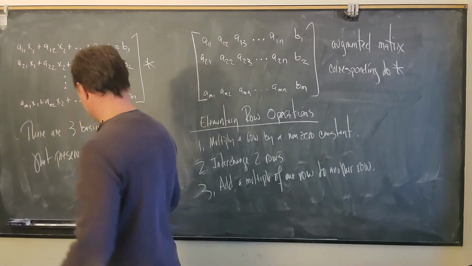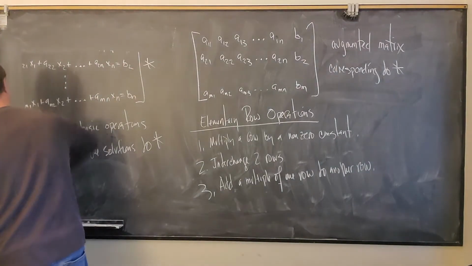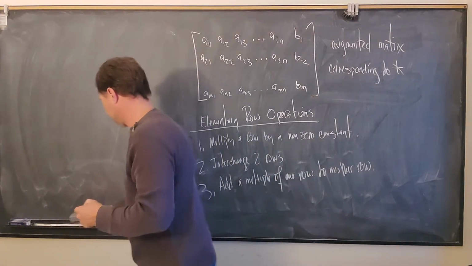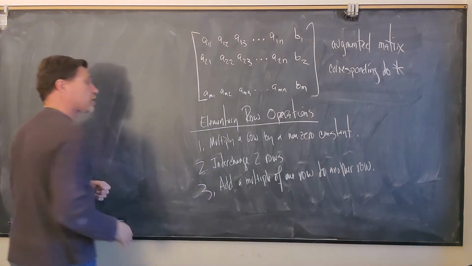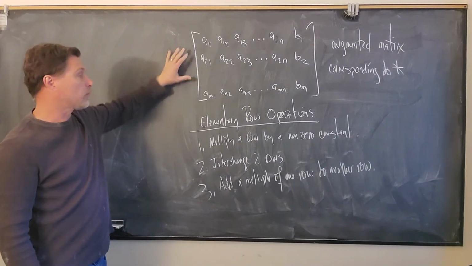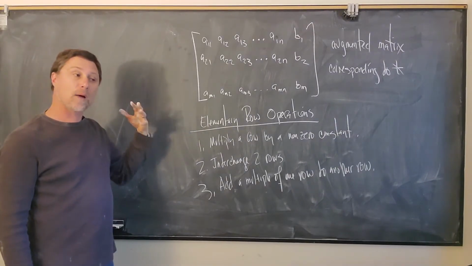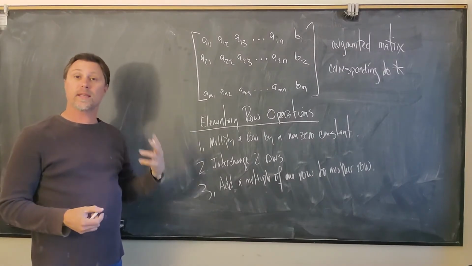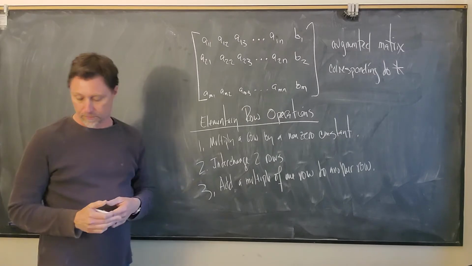Now, our goal is to find the solution set to a linear system. And it turns out that starting with the augmented matrix, we can perform elementary row operations, and that will get the matrix into a form where it's easy to extract the solution set.